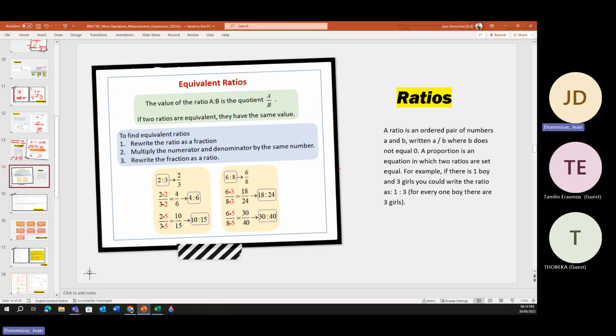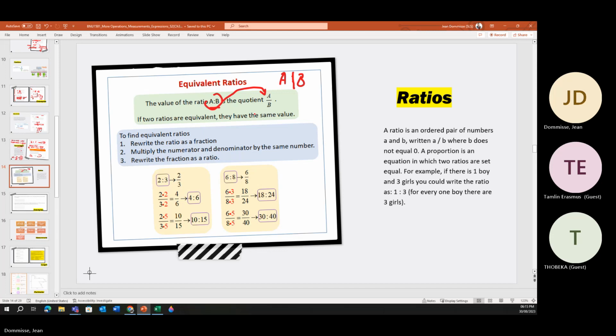Again, depending on what they ask. So if you look at the value of the ratio AB, you can write it also. And what I normally change is, if I see something like that, I do that, and then you can see it's A divided by B. So basically, from a ratio, you go again into a fraction.